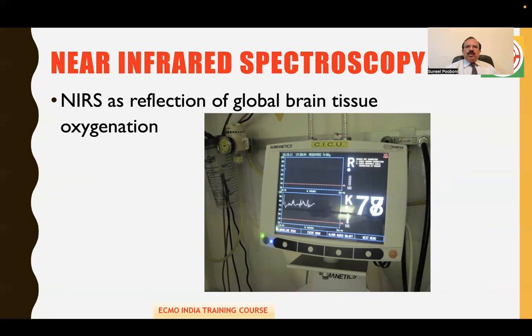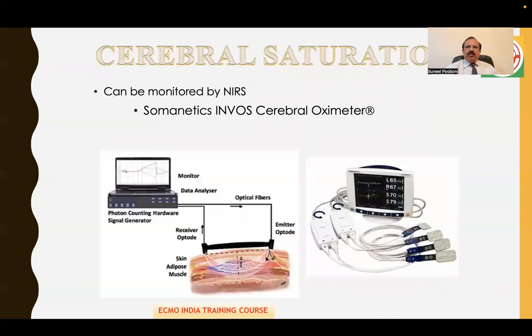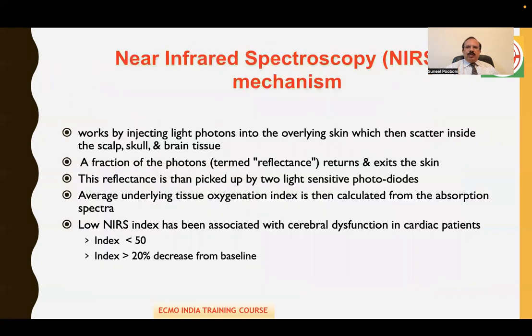It is a reflection of the global brain tissue oxygenation. We tend to measure oxygenation over the brain as well as over the region of the kidneys as a somatic index of oxygenation, and we compare how it is done between the two. Here, photons are injected into the overlying skin and they scatter inside the scalp, skull, and brain tissue.